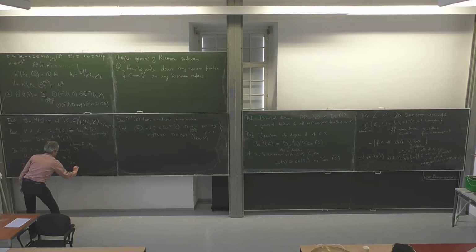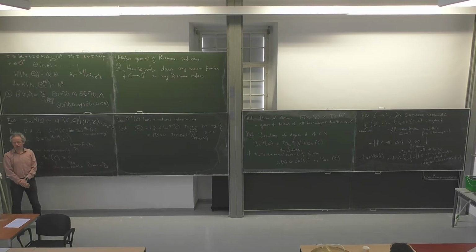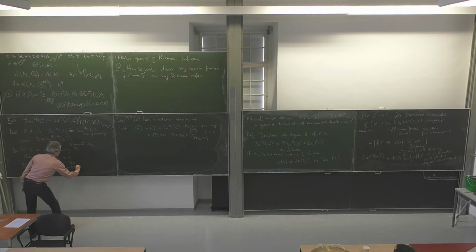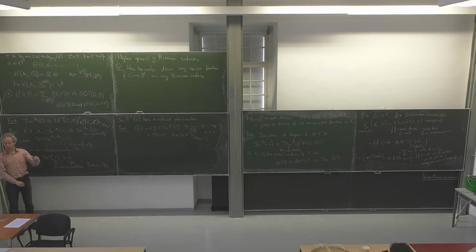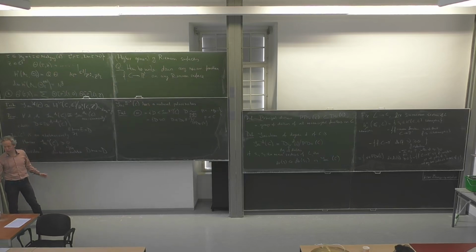The Jacobian of degree 0 has a natural origin. This guy also has an involution, which takes a divisor D and sends it to minus the divisor D. You just flip the signs of all coefficients. If you flip the signs of all coefficients, the degree goes to minus the degree, which is still 0.